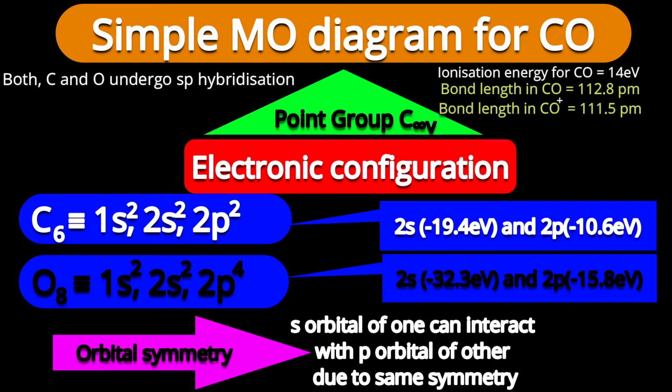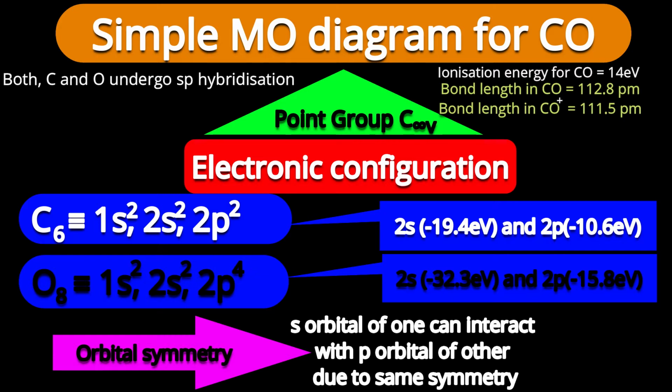The next higher energy orbital is of oxygen. The oxygen 2p orbital has energy minus 15.8 electron volt. And the last, highest energy orbital is the carbon 2p orbital. Its energy is minus 10.6 electron volt.